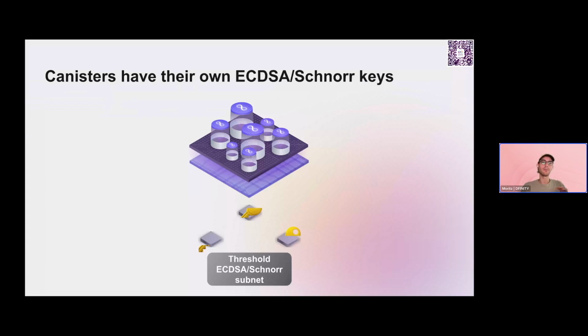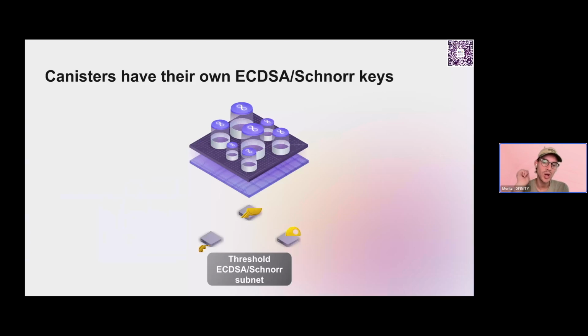And for this, we use subnets with a high replication factor. That means that they have, in comparison, a lot of nodes within them. So in this case, 28 nodes. And what needs to be done to sign a message is that the nodes within this threshold signature subnet need to coordinate to generate the signature in a distributed fashion.